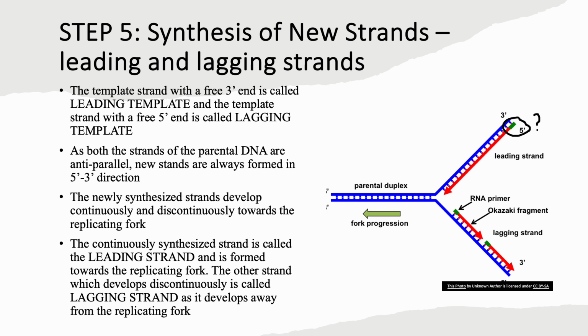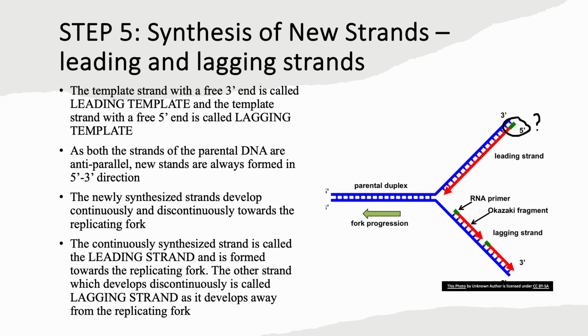How it happens, let us see now. The template strand with a free 3' end is called leading template, and the template strand with a free 5' end is called lagging template. As you all know, both the strands of DNA are anti-parallel, that is 3' to 5' will be one strand and the other one will be 5' to 3'.